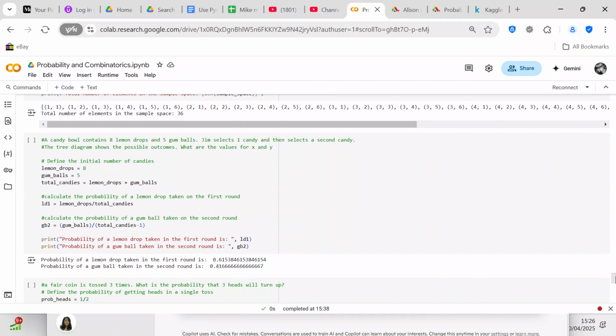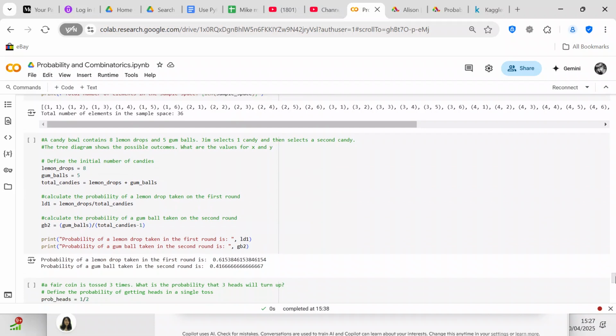The next one is, again, on probabilities. A candy bowl contains 8 lemon drops and 5 gum drops. Jim selects 1 candy and then selects a second candy. The tree diagram shows the possible outcomes. What are the values of X and Y?